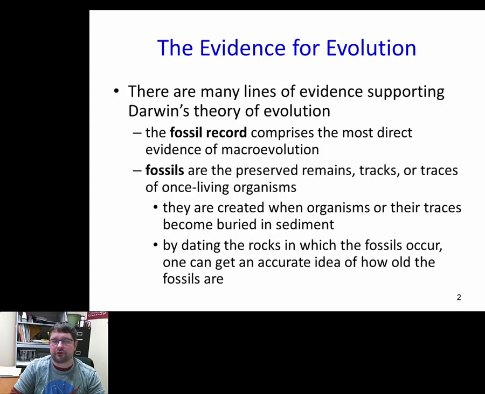The other thing that fossils give us the capability of now, with Madame Curie's work and then the people that followed her with the half-life of radioisotopes, is the ability to date rocks or fossils.